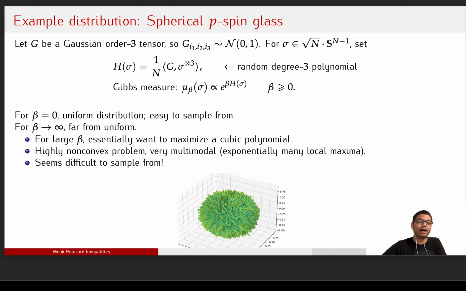This problem is highly non-convex and is very multimodal, such as the picture that we have depicted in 3 dimensions at the bottom of the slide. And in particular for large beta, this distribution could be highly non-trivial to sample from, given that the number of modes is even exponentially large in dimension.